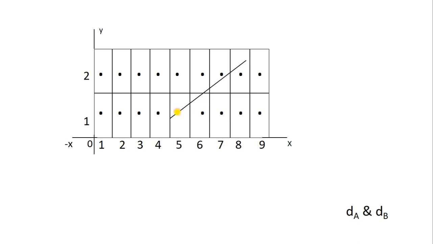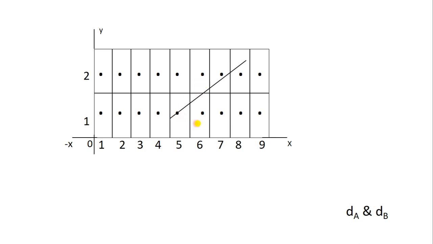From here to here or here to here I can reach, or from here to here or here to here I can reach. Of these two ways, only one I can do. So what I want is, among these two pixels, which is near to this pixel.